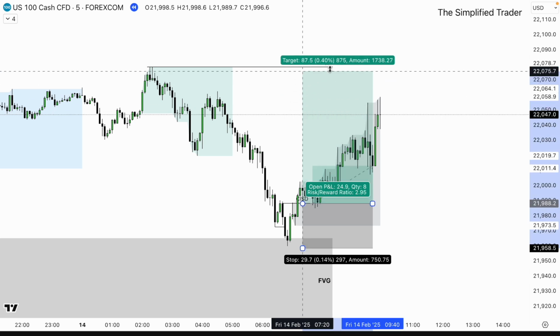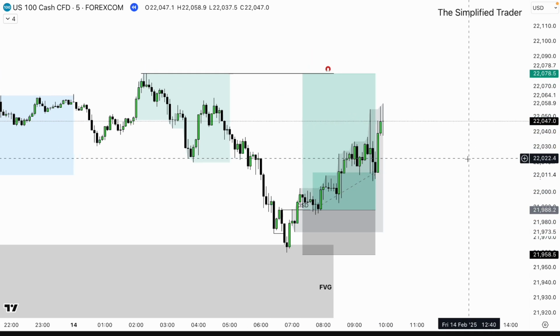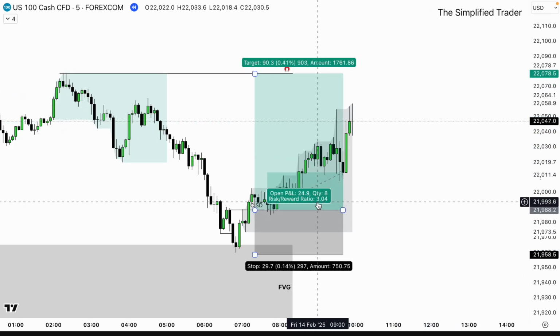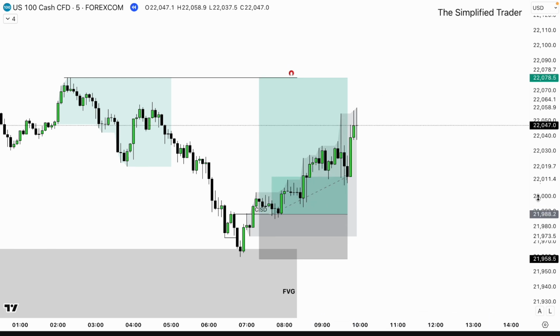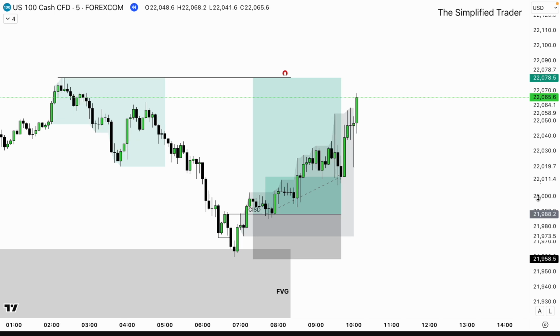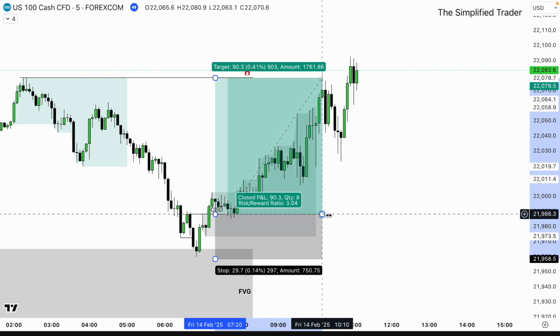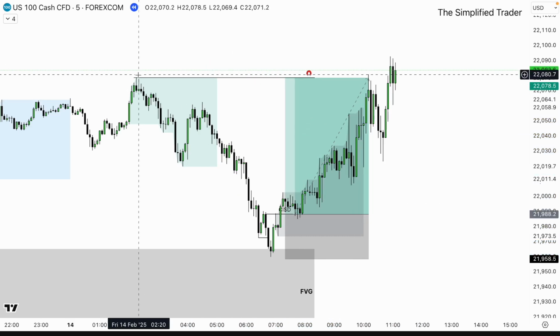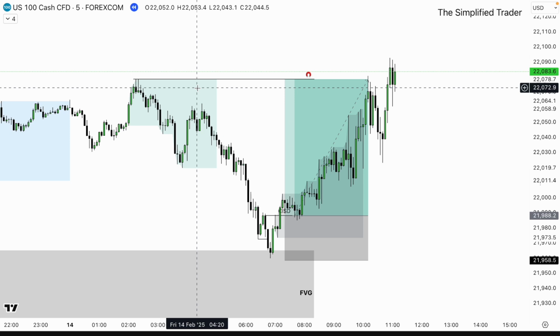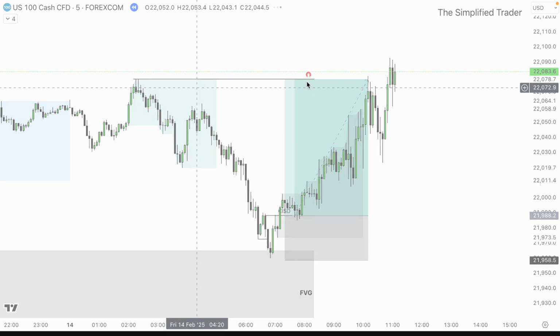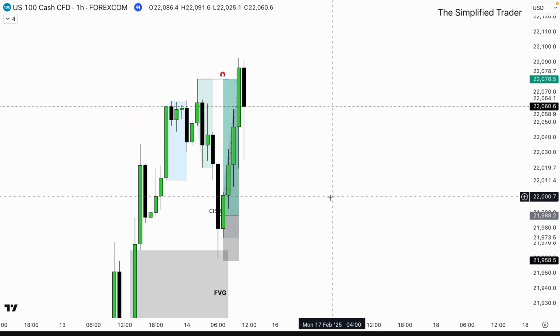Let's see if we can hit our long-term draw on liquidity, which will be a total of 3.04R. And here we go. Price action has hit my external range liquidity, and so now we can go back to the 1 hour time frame, and we can rinse and repeat.